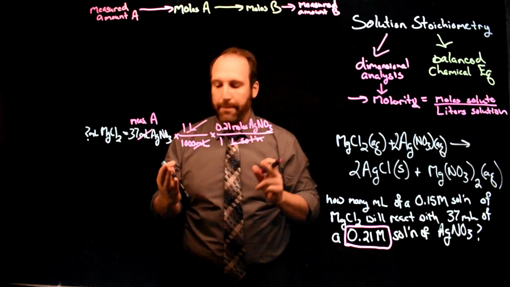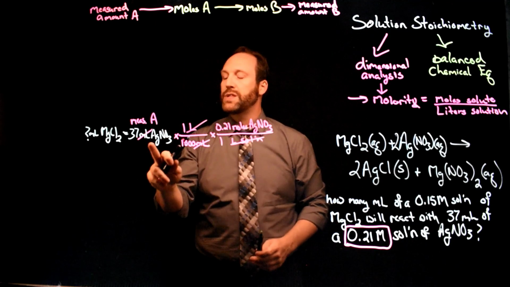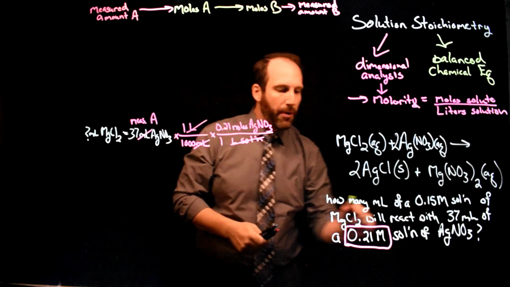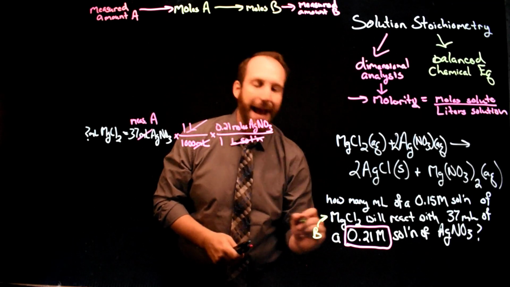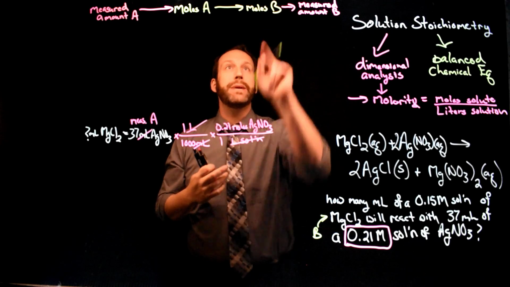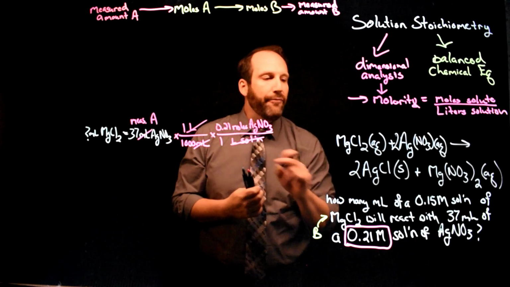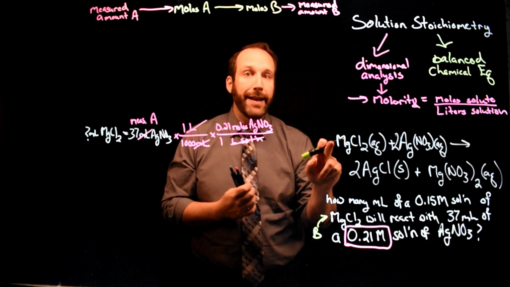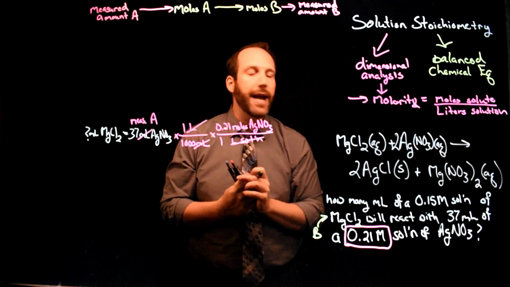So the next step here is going to be to convert from moles of A, moles of silver nitrate, into moles of B. In this particular problem, magnesium chloride is our B, the B compound that we're trying to convert to, right? So if we look at the balanced chemical equation, we see that there's a 1 in front of the magnesium chloride and there's a 2 in front of the silver nitrate.